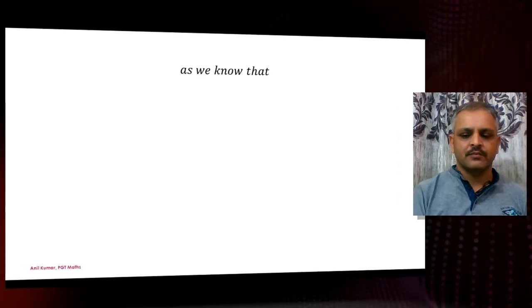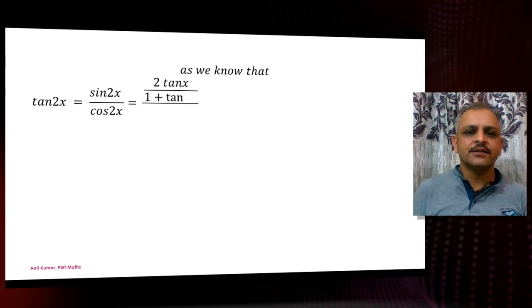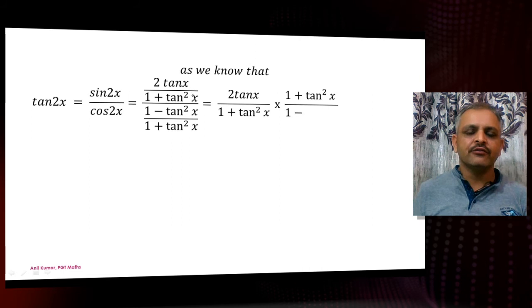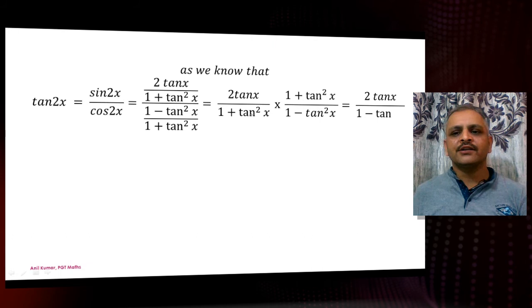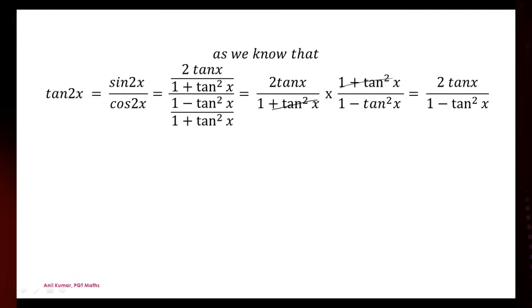Let's proceed to tan 2x. We start with tan 2x equal to sin 2x by cos 2x. Sin 2x in terms of tan is 2 tan x by 1 plus tan square x, and cos 2x is 1 minus tan square x by 1 plus tan square x. So we take the reciprocal, and the 1 plus tan square x cancels, and the answer is 2 tan x by 1 minus tan square x.